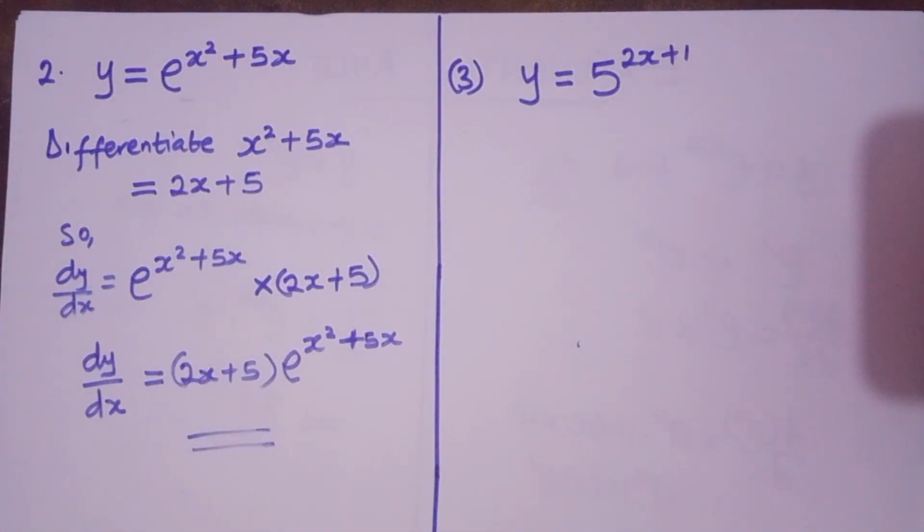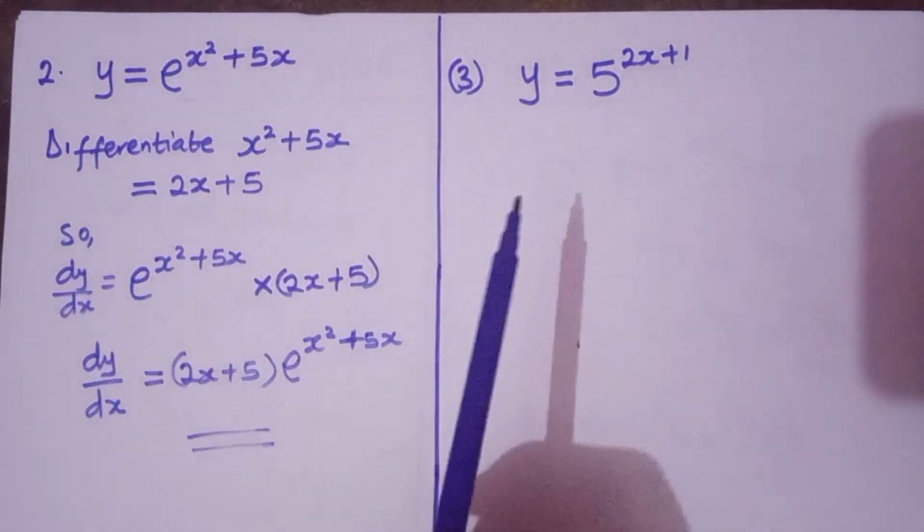Just understand the trick. Whenever you have an exponential equation, first differentiate the power. Once you are done differentiating the power, then you multiply it by the same function given, or the same exponential given. So let's try question 3.